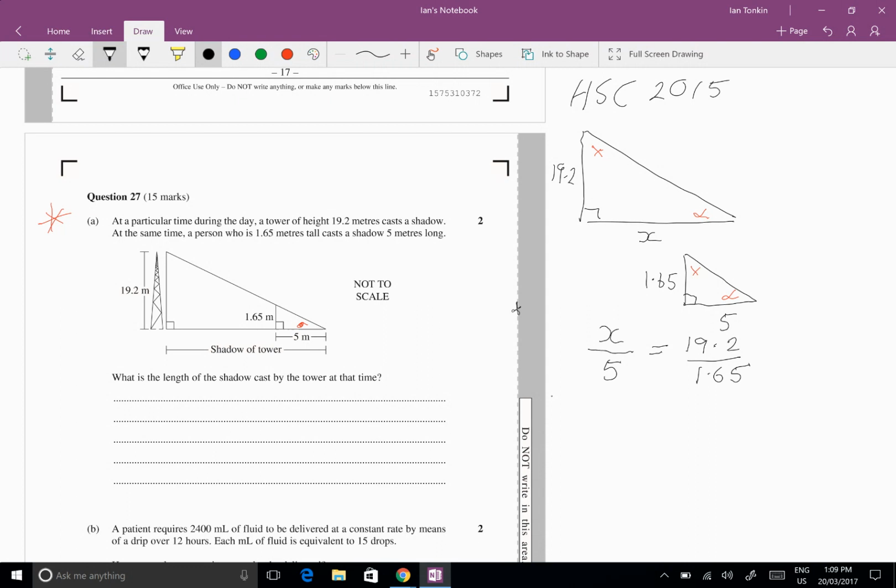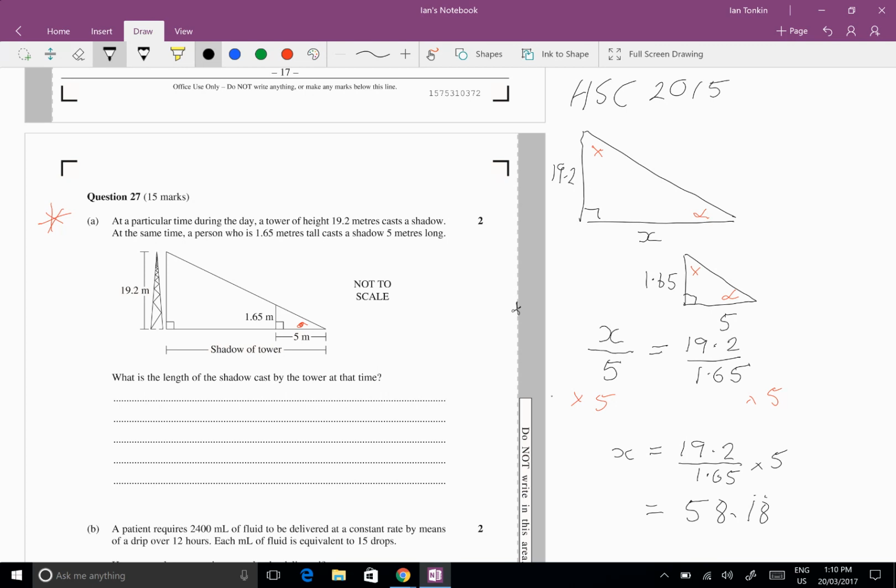Now it's an equation. I can solve it very quickly. I just multiply that 5 over, and that gives me x equals 19.2 over 1.65 times 5, which gives me 58.18.